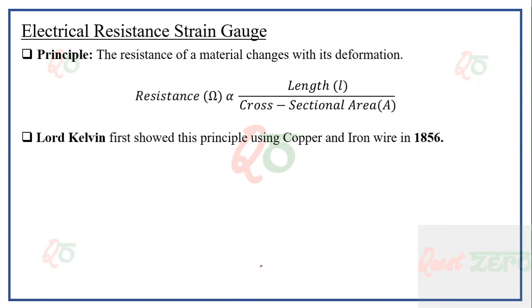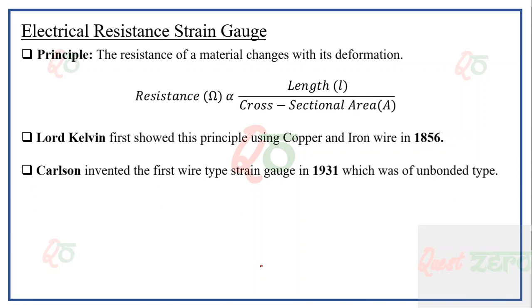This was first shown by Lord Kelvin, the same person whose name we use for measurement of temperature. Using copper and iron wire, he showed that this resistance can be changed by changing the length and cross-sectional area, and it was way back in 1856.